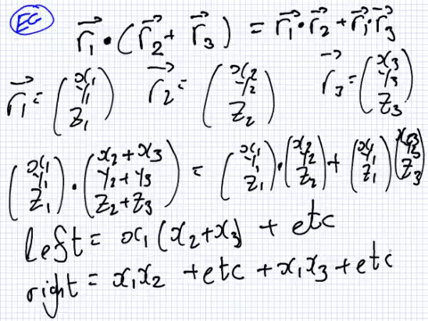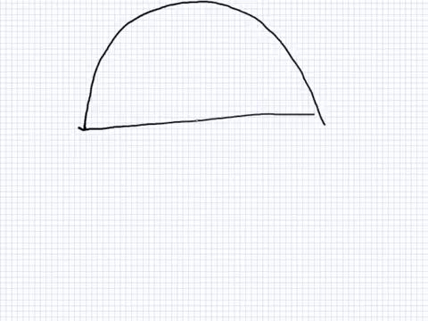Right, so now this is the proofs that involve using some algebra, but there are proofs now that involve using some diagrams. I'll show you. So for example, here is a semicircle, and it doesn't matter what the radius is.